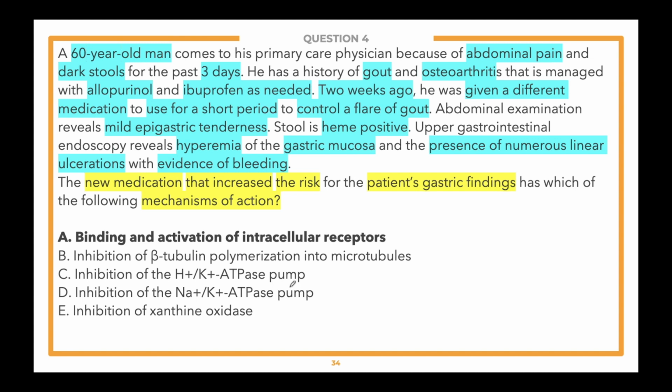It has other side effects like diarrhea, cytopenias, liver failure, neuropathy, but not gastritis or peptic ulcer disease. So that's why you have to go a different route and realize that colchicine may not be the medication that was added, because that wouldn't increase this patient's risk of gastritis. So definitely a tough question, requires a few steps and different pieces of knowledge to piece that together.